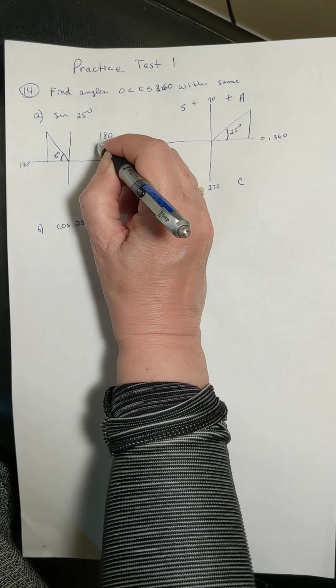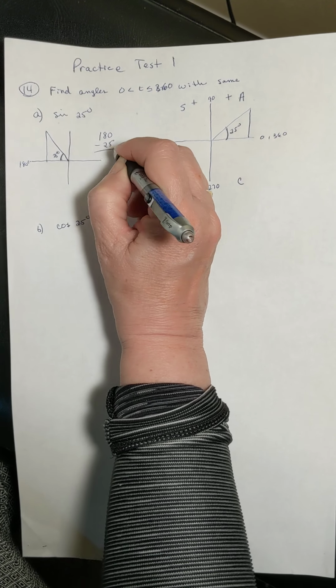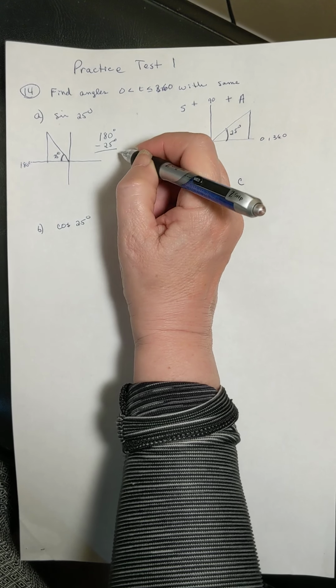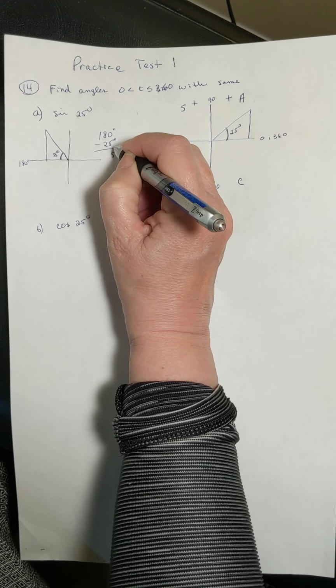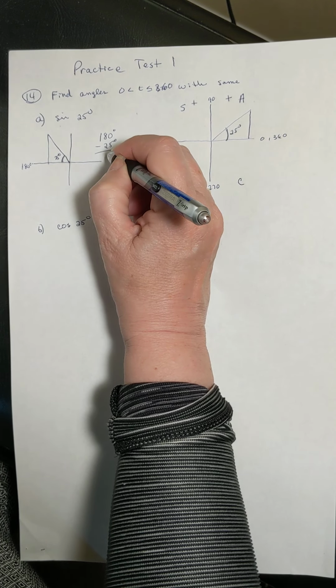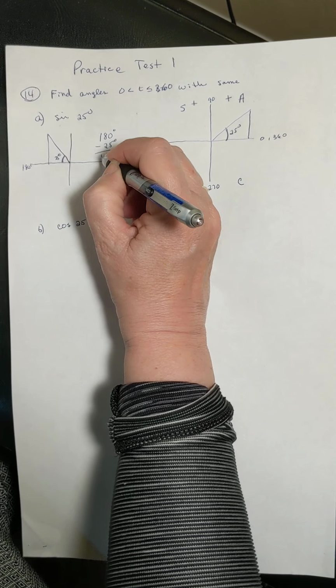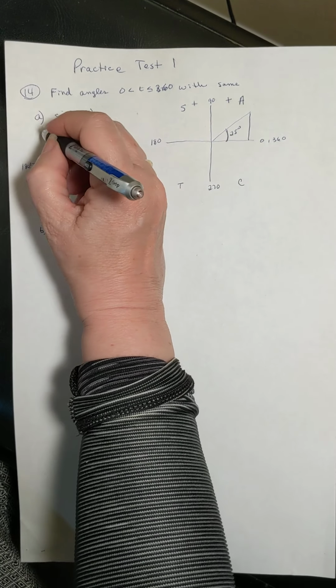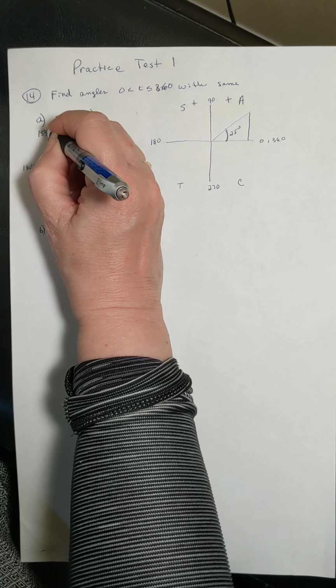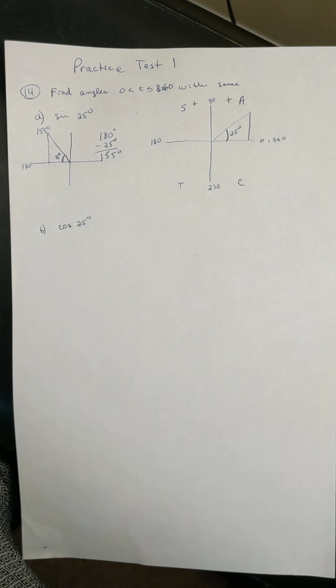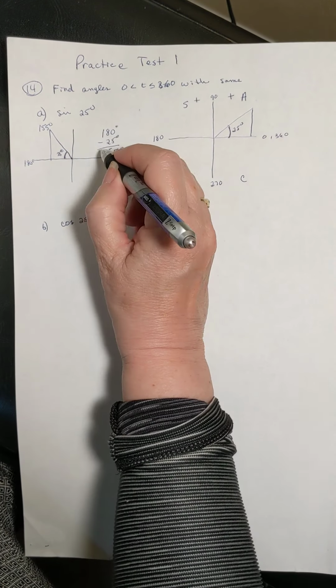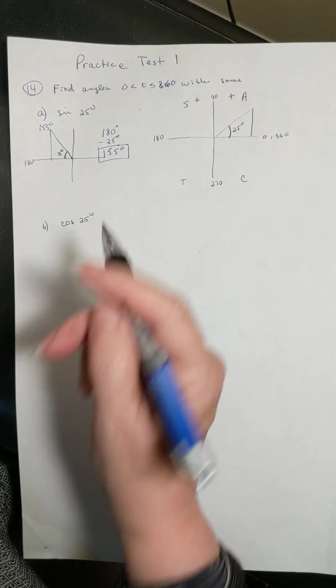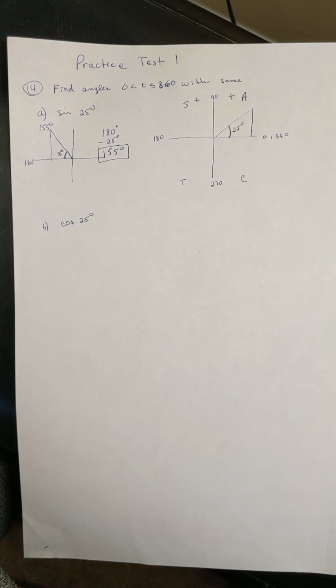So 180 degrees minus 25 degrees would be 155 degrees. So this angle would be 155 degrees. All right? And so that's my answer. 155 degrees and 25 degrees have the same sine.